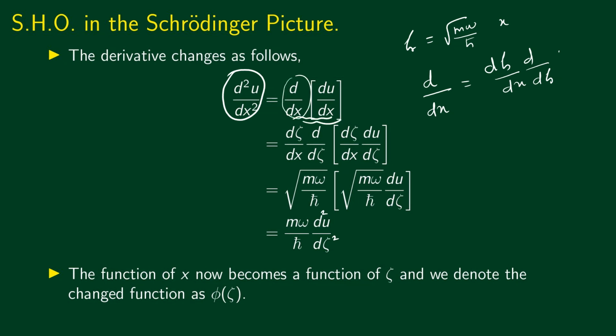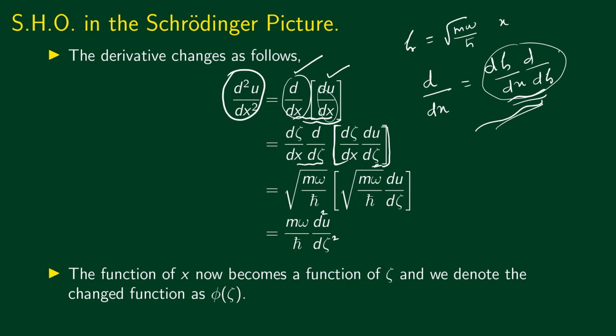And d by dx by this rule can be written as d zeta by dx multiplied by d by d zeta. Inside the bracket also we have a d by dx, which is again d zeta by dx multiplied by d by d zeta. So we change this d by dx and this d by dx according to this rule.